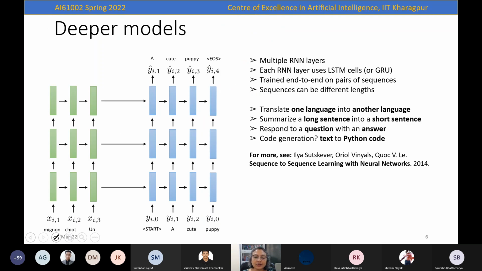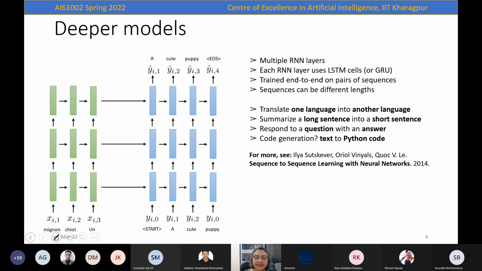Now, this type of encoder-decoder model also can have multiple layers. For example, this shows an encoder-decoder with 3 layers. And there are various cases apart from machine translation or caption generation where the encoder-decoder model is used.